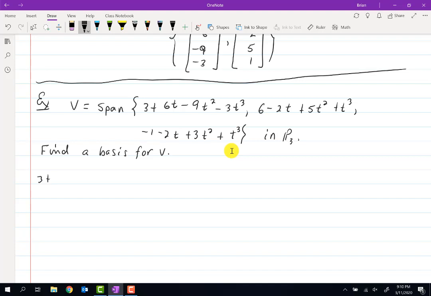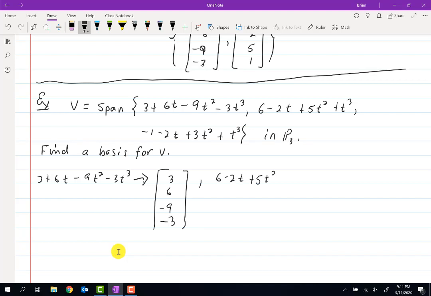So with that in mind, I'm going to do the same thing I did before. 3 plus 6t minus 9t squared minus 3t cubed, I'm going to think of as the following vector: 3, 6, negative 9, negative 3. Hopefully you can follow right here. Same thing for the next one. 6 minus 2t plus 5t squared plus t cubed, I'm going to think of as the vector 6, negative 2, 5, 1.